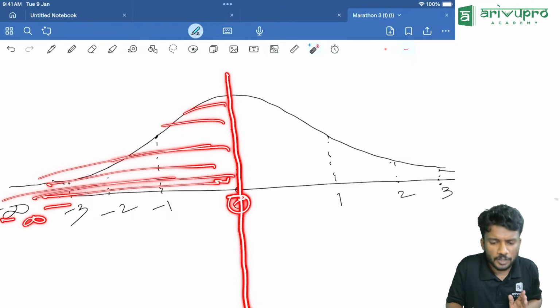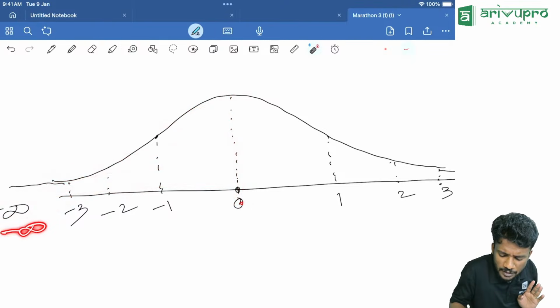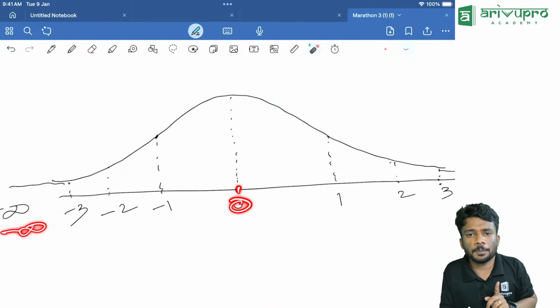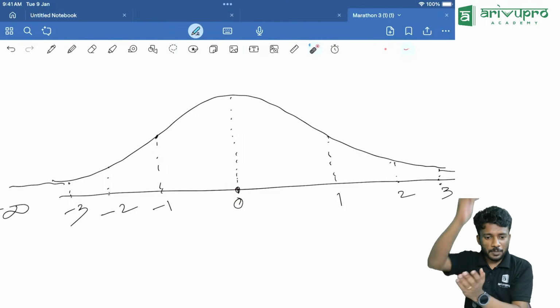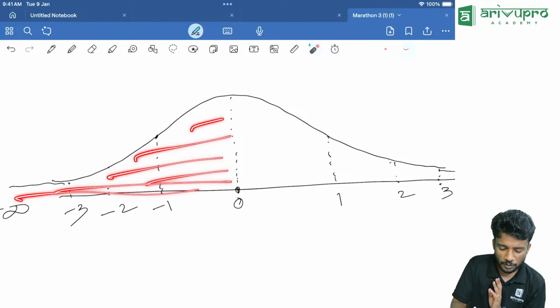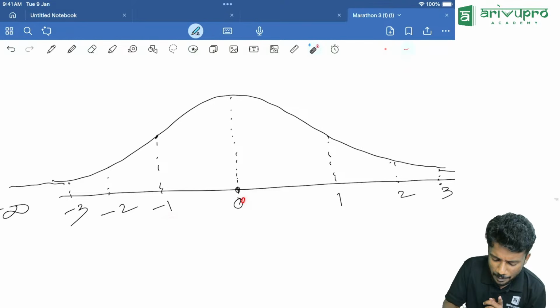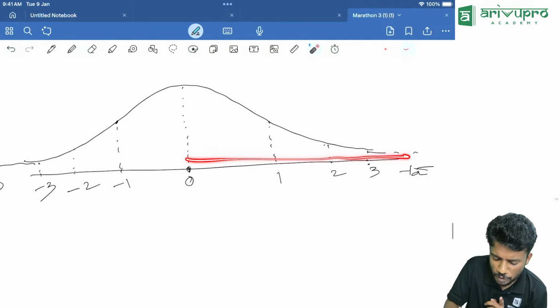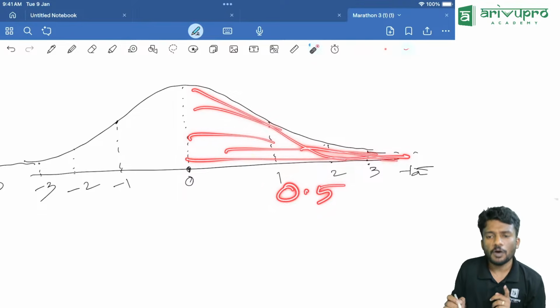The total area is 1, and I am cutting it into 2 halves, so the area up to 0 will be 0.5. Then I am asking you another question: from 0 to plus infinity, how much will the area be? That will also be 0.5.